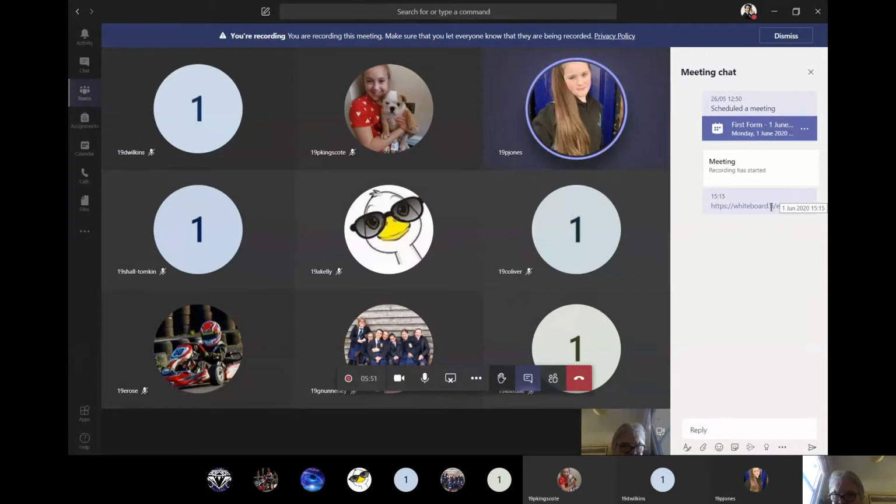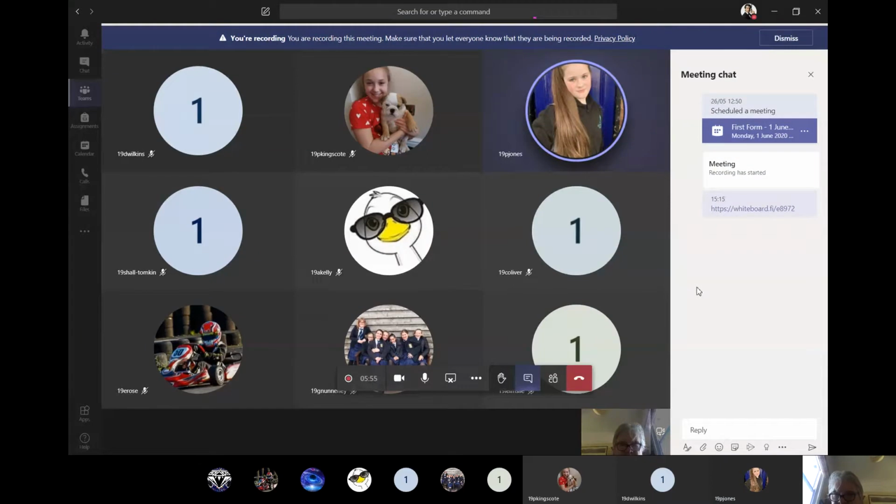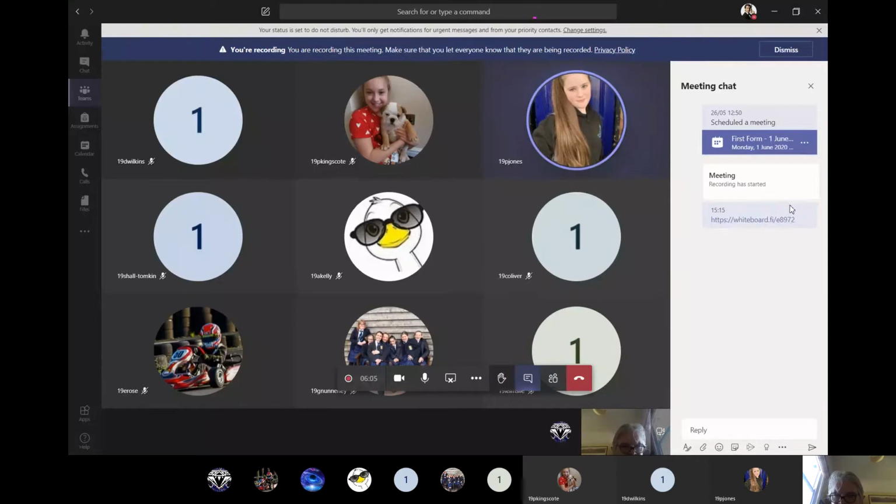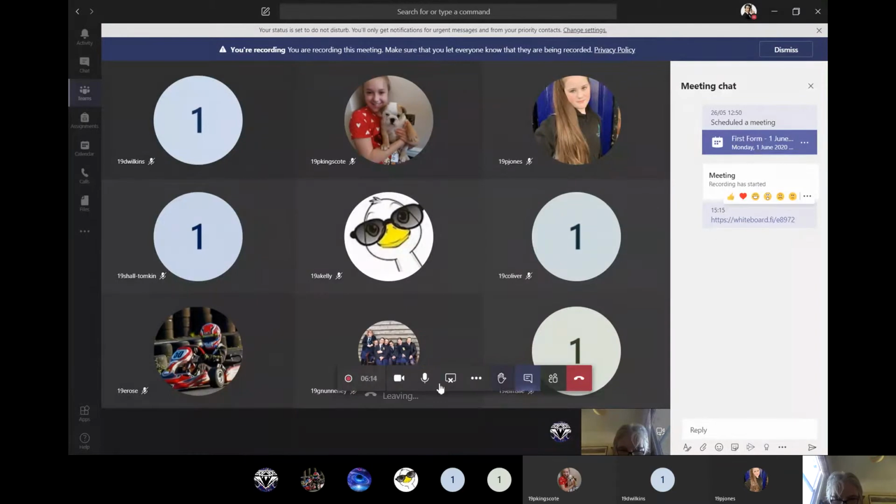I was hoping that you might be able to access that so you could copy and paste it across to somewhere. I guess you can all see that now, but you obviously can't copy and paste it unless you can do that yourself. What I was really wondering was if people have got this toolbar here, whether you can click on the speech bubble here in order to get this meeting chat over here.